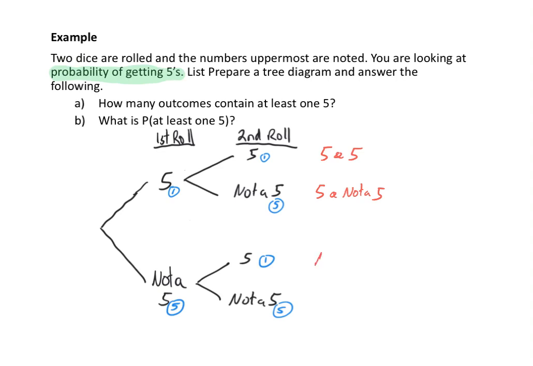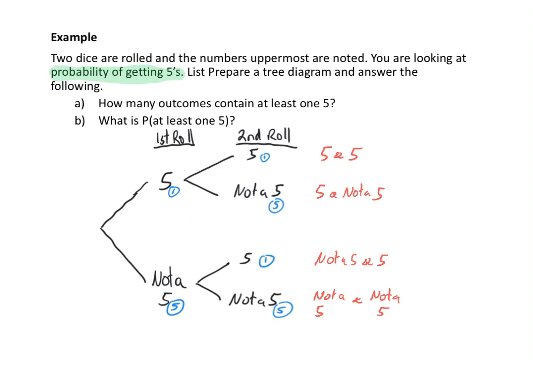The third outcome is not a 5 and a 5. And then the last outcome is not a 5 followed by not a 5. So only one of those possible outcomes give me a result where I'm not getting at least one 5.